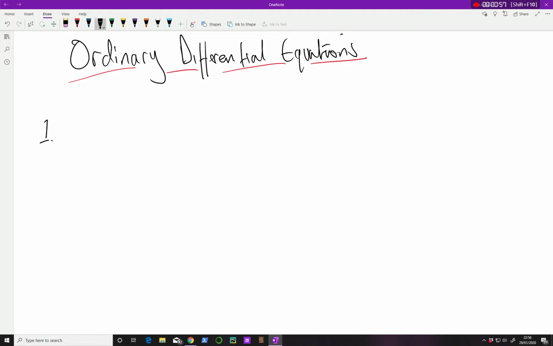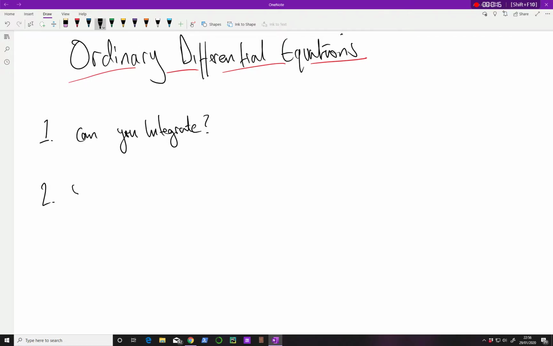Number one is you're being tested on your ability to integrate. So, can you integrate? Number two, you're being tested on your ability to separate out variables.